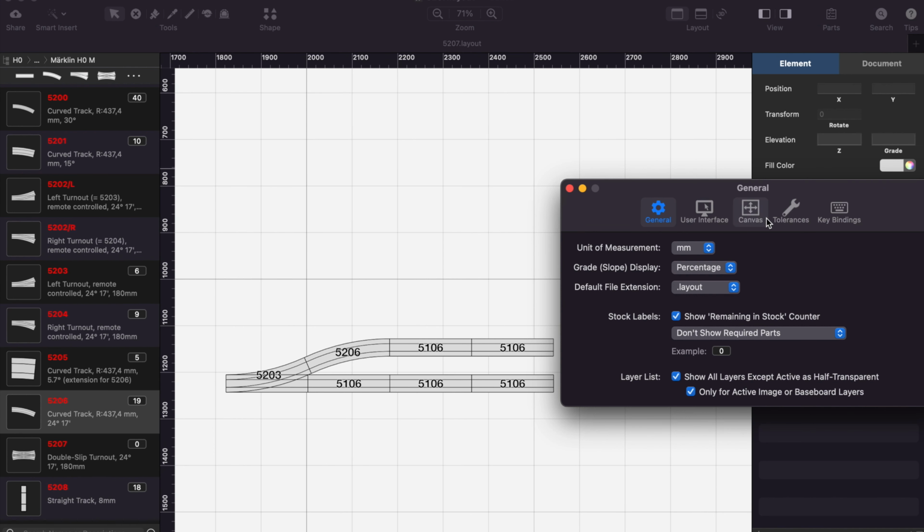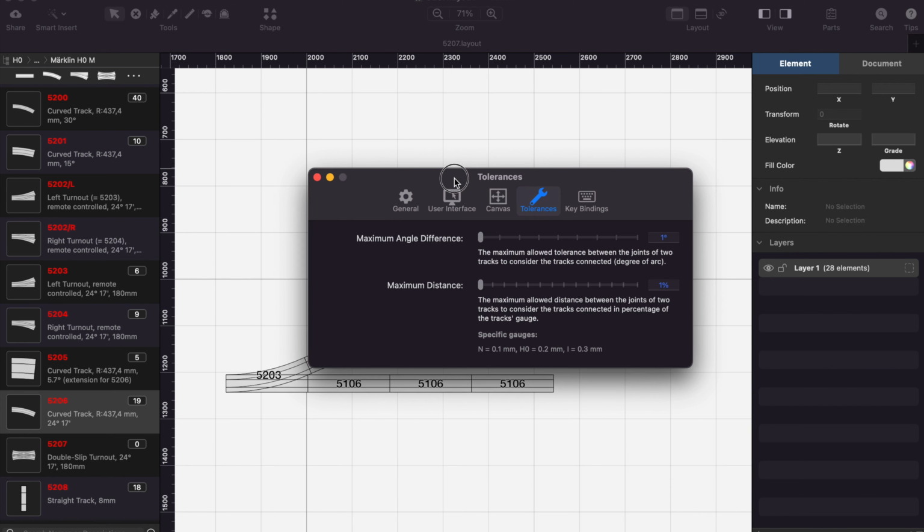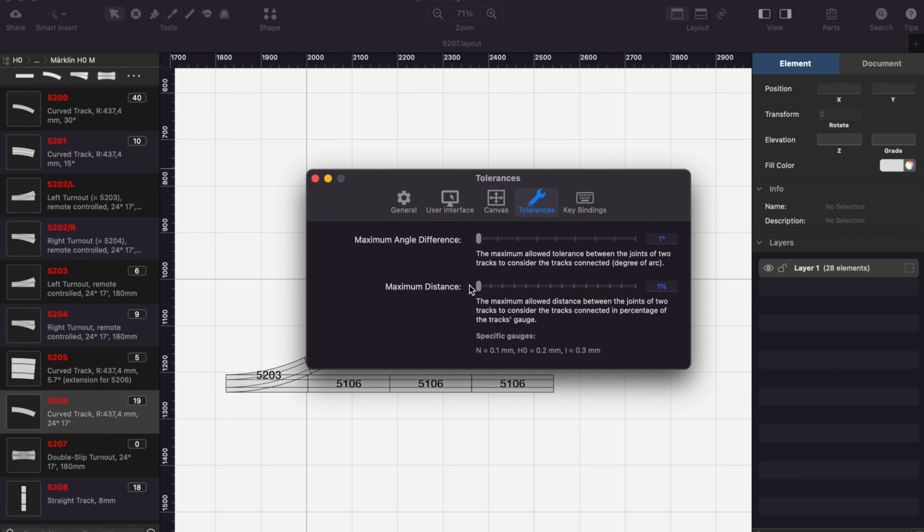This means finding a way to work around this little annoyance for now. And here is how I do this. First of all, I work with the lowest tolerances possible. This feature is useful when you want your plan to look nice, but the larger the tolerances are set, the higher the probability is that things might not look as expected in real life.